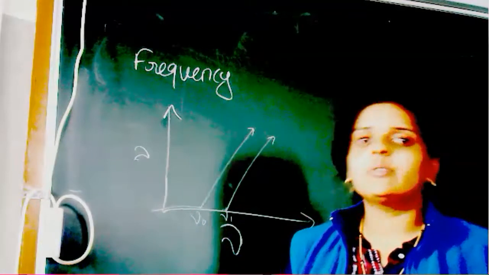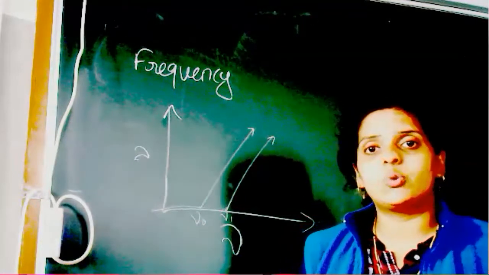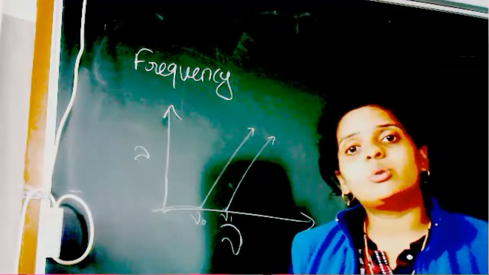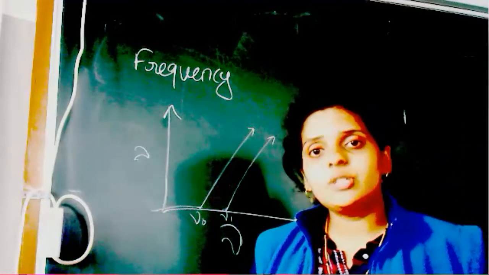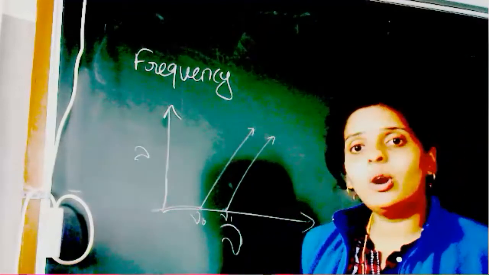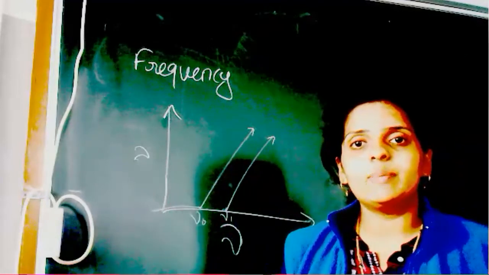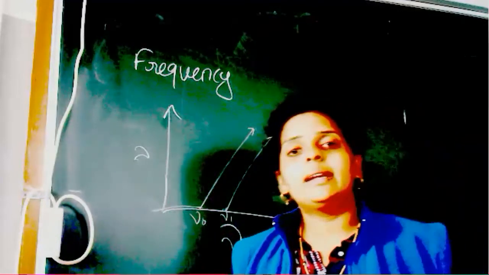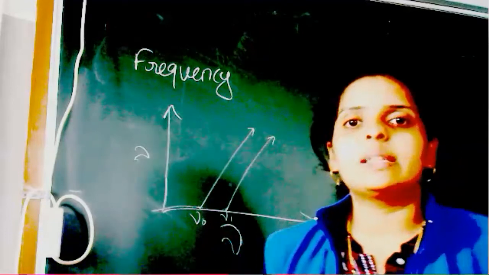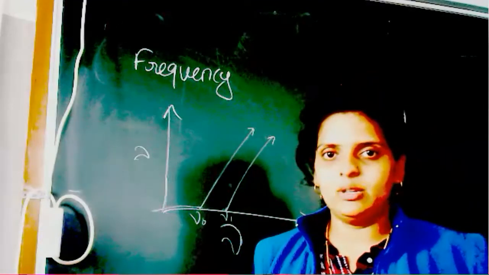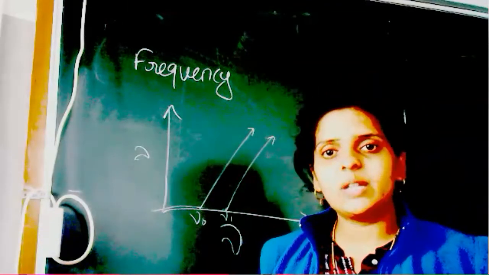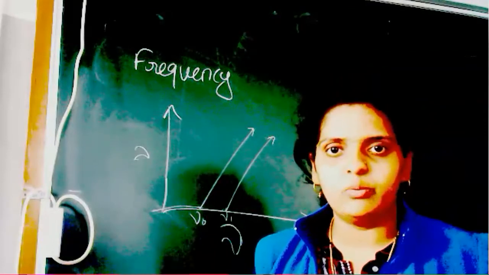That minimum frequency we call the threshold frequency, the frequency at which the electrons will leave the metal surface, and the corresponding wavelength is known as the threshold wavelength. Are you getting my point? Threshold frequency and threshold wavelength.